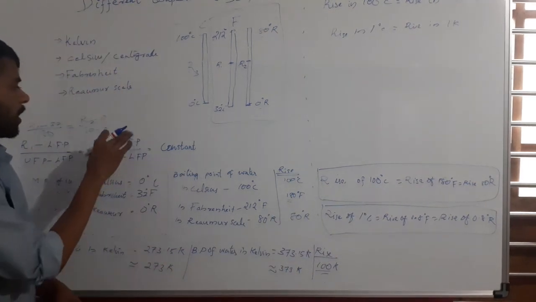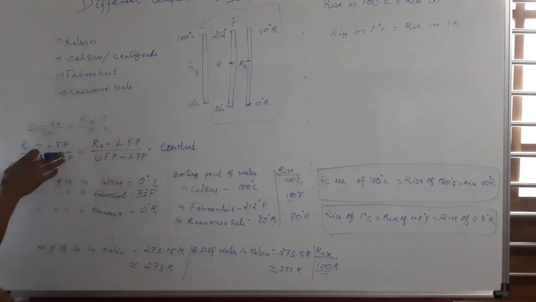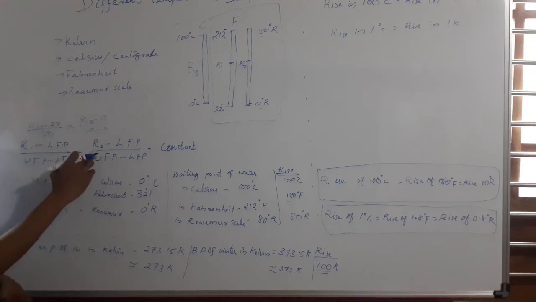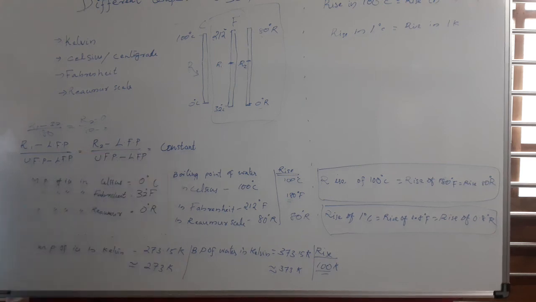So whenever you are asked to find a conversion, the basic equation is this one: R1 minus LFP divided by UFP minus LFP is equal to R2 minus LFP divided by UFP minus LFP.